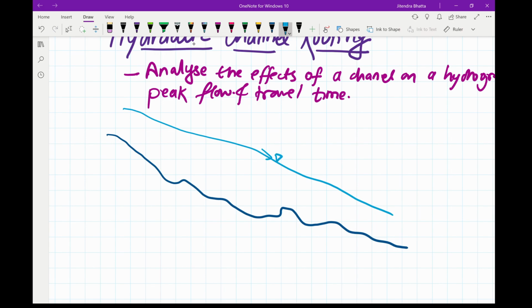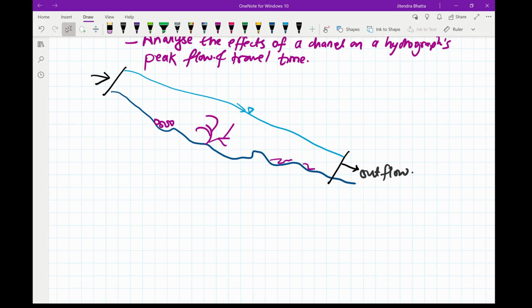There can be pebbles, there can be some grass growing here, and this will be your inflow, this will be your outflow. When you have a hydrograph traveling along the length of a channel, the feature of the hydrograph may change depending upon the channel's resistance or storage characteristics.